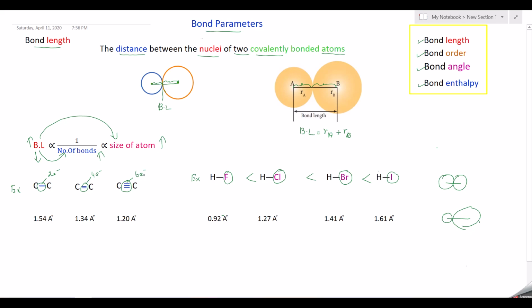As the number of electrons shared between the two atoms increases, the more will be the force of attraction for the nuclei by the shared pairs of electrons. Because as the shared pairs of electrons increase, that will attract the nuclei of two atoms more firmly, more strongly. Therefore, the distance decreases. The nuclei will come closer.